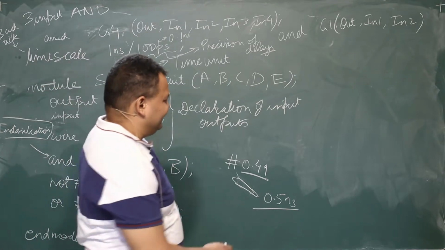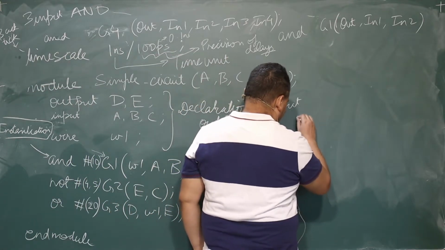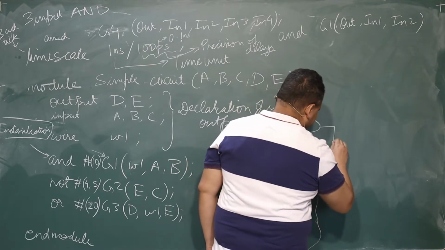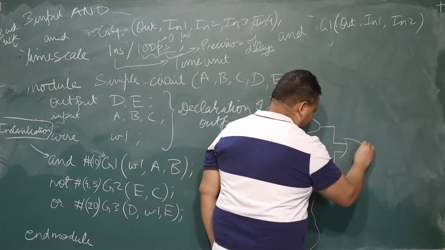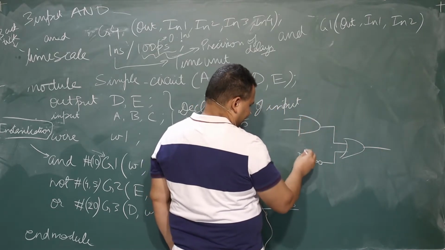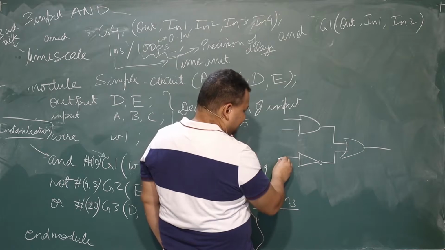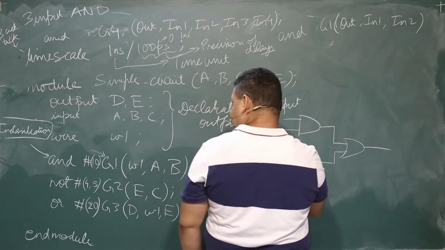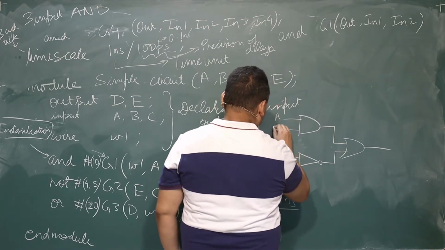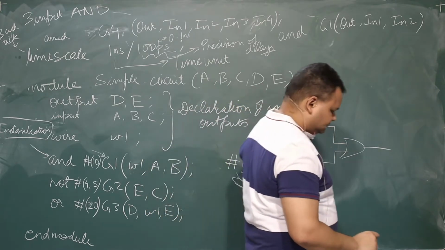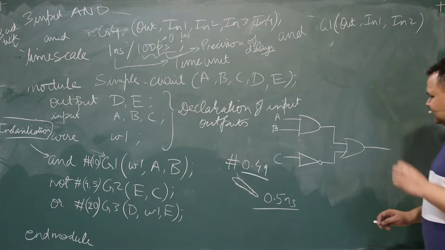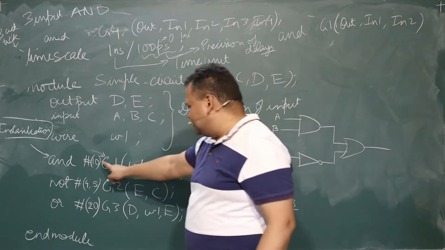So for example, let us look at the same example again. In real circuits, it does not happen like the way you are describing. So we had C, A, and B. Let us talk about this particular scenario.